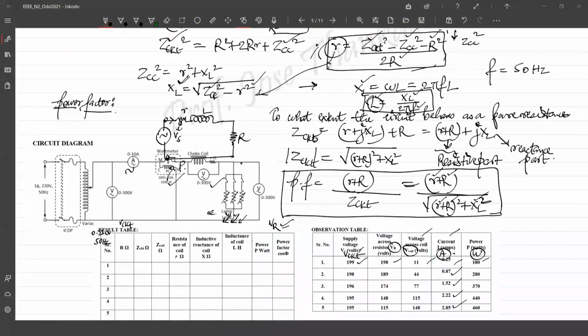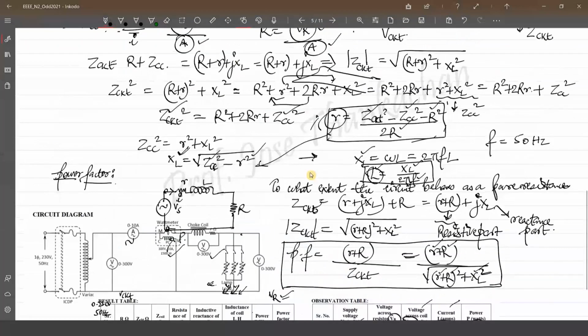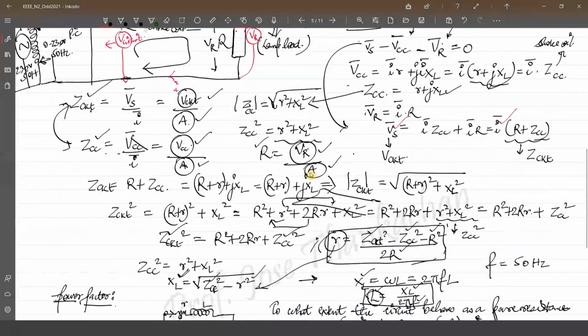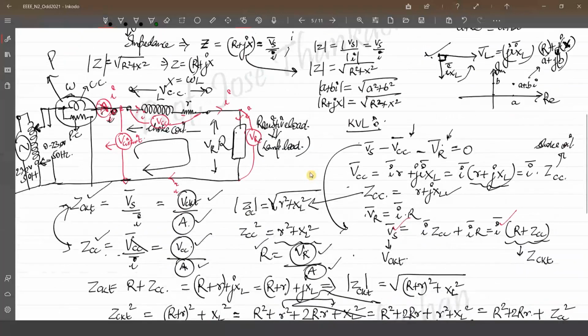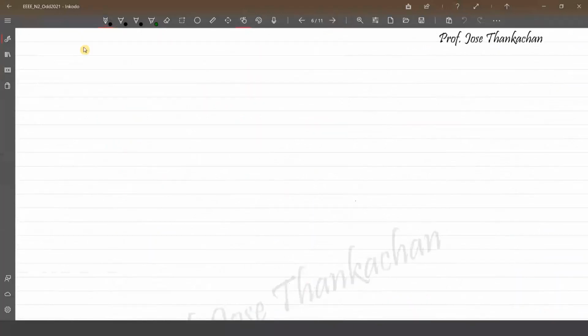Now let us go to the B part of this experiment, which is for a series RC circuit. So let me go to the next page. So B part for series RC circuit. Same aim is there.